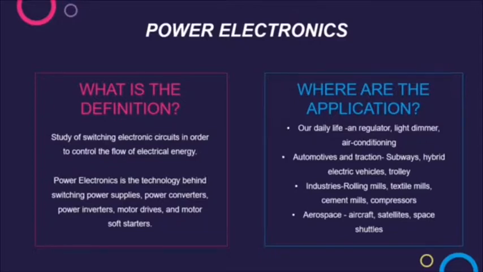You can see it in subways, hybrid electric vehicles, and trolleys. The next one, you can see the application also in industry: rolling mills, textile mills, cement mills, and compressors. Lastly, it is in the aerospace industry, which is aircraft, satellites, and space shuttles.